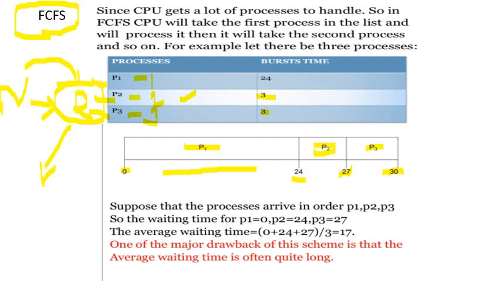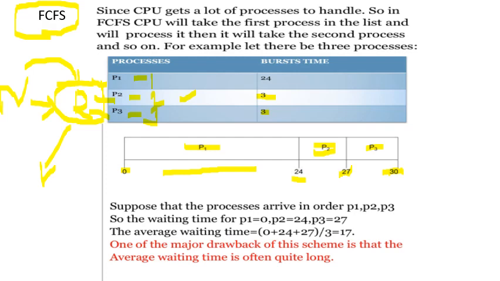This is all about first come first serve, and the major drawback of this scheme is that the average waiting time is quite long, because processes execute on a first come first serve basis. Whichever process enters the ready queue first is considered first. Because of this long average waiting time, the performance degrades.